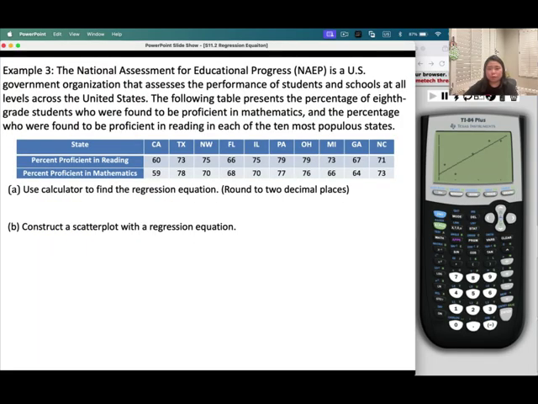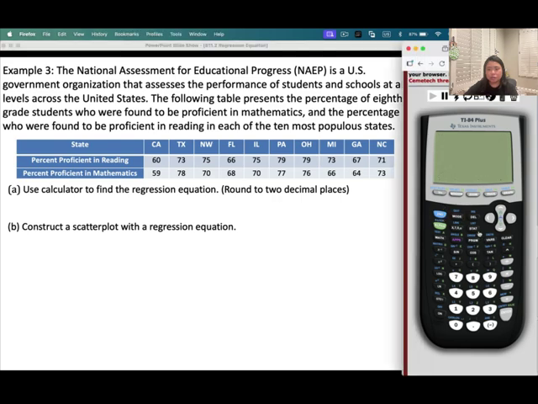Okay, example 3. I want you guys to try. Input the data on your L1 and then L2.